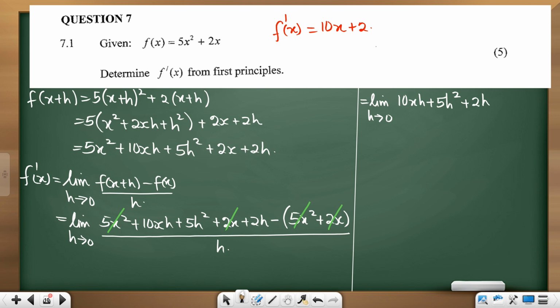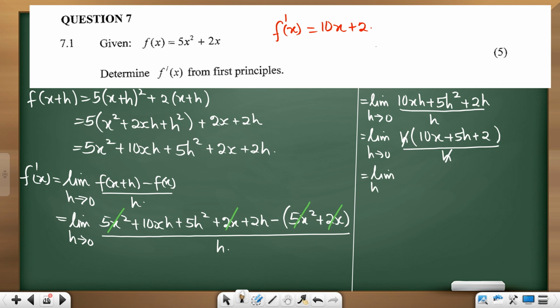Is that fine? Over what? Okay, let's factorize quickly. Limit as h approaches what? 0. 10x plus 5h plus 2 over what? H. That goes. All right.